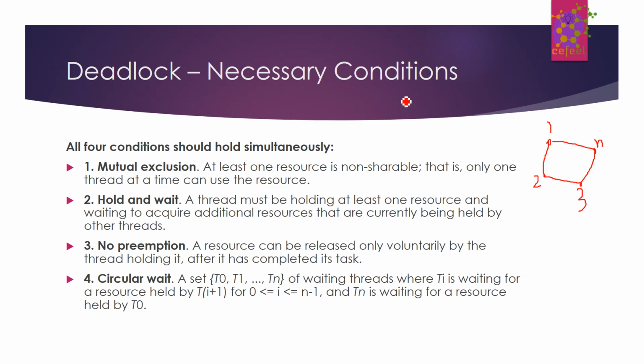So there is a circular wait in which every thread is holding certain resources, and the other resources it is waiting for are held by the next thread, which means whenever there is a deadlock, there always exists this circular wait condition.